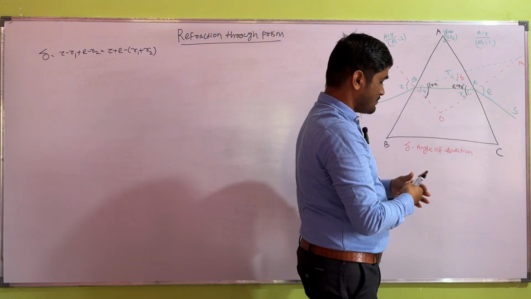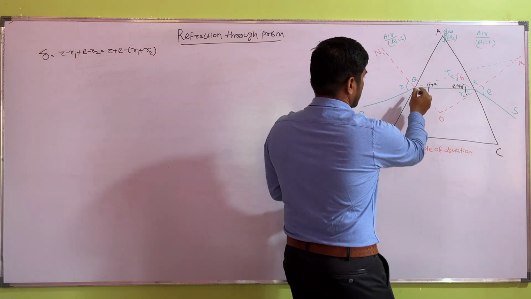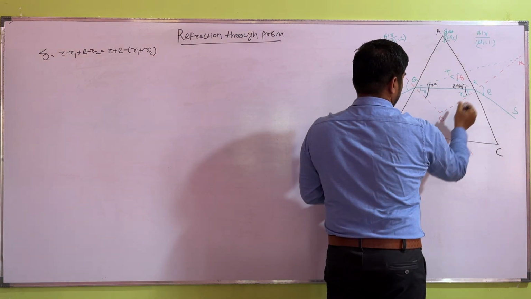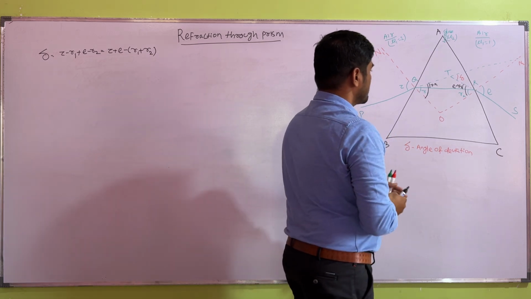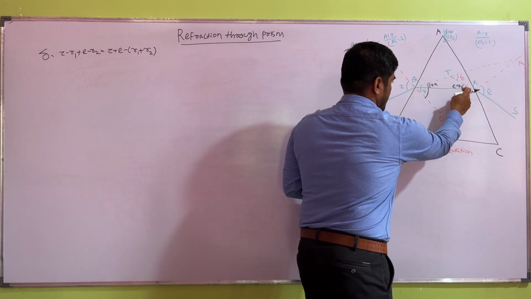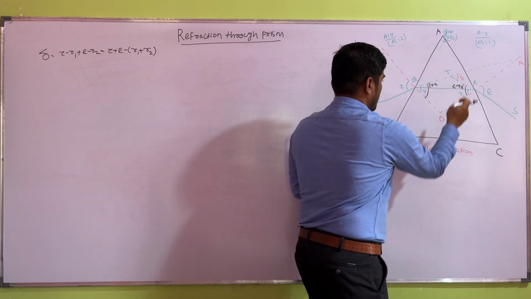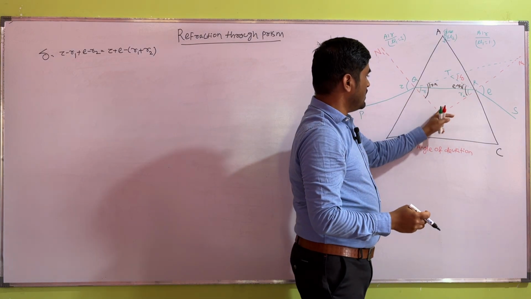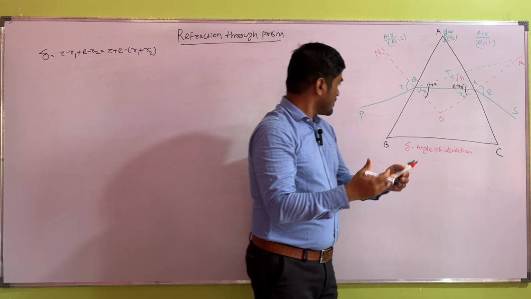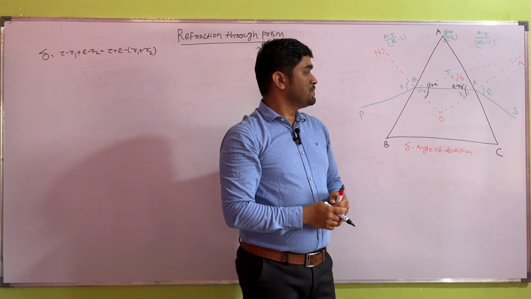And here in the triangle QRO, one angle is R1, another angle is R2, and the remaining angle is QOR. This angle plus this angle plus this angle. The summation of all three angles of a triangle is 180 degrees.